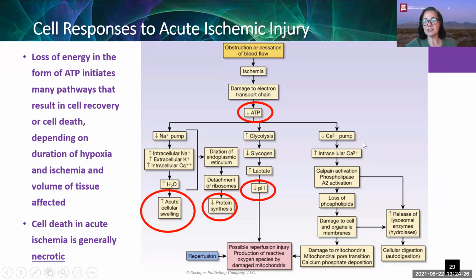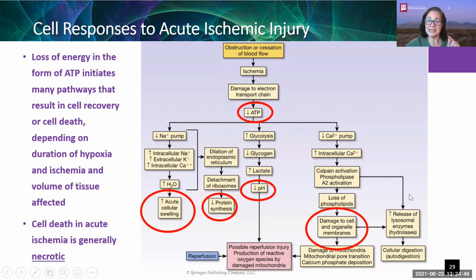Finally, the calcium pump, remember you had to pay for that calcium pump with the ATP. We're not able to do that. Lots of things happen, but most notably, we end up with damage to phospholipids, damage to the cell membranes and to the organelle membranes. And remember, one of the organelles we said were lysosomes, the little stomachs.